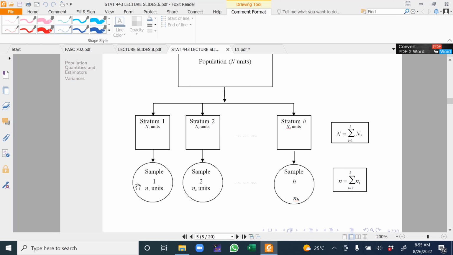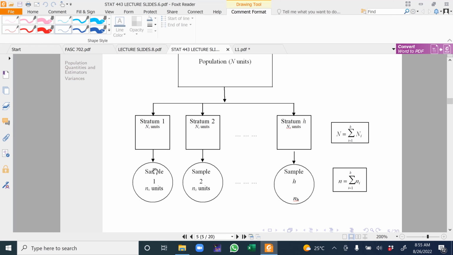So if you take the sample size of sample 1 plus the sample size of sample 2 plus the sample size of sample H, it must give you the target sample size that you had in mind. That is how you divide your heterogeneous population into subpopulations, and then select samples to use in your data collection.